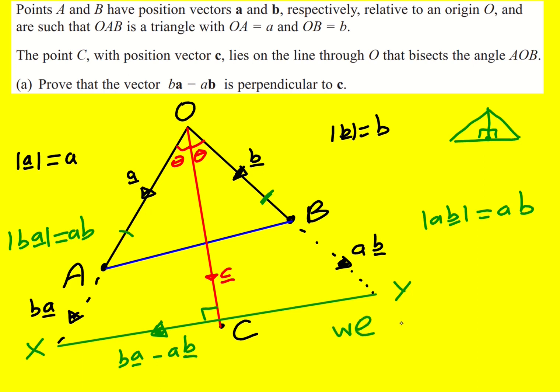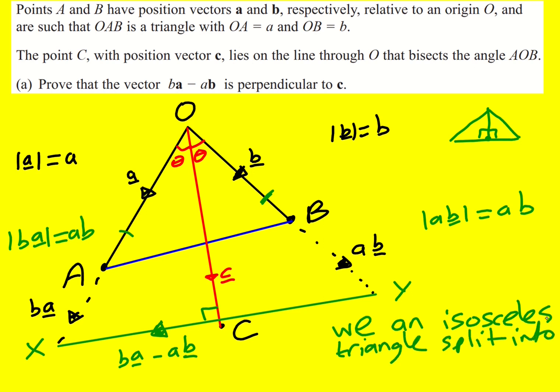We have an isosceles triangle split into two equal parts.